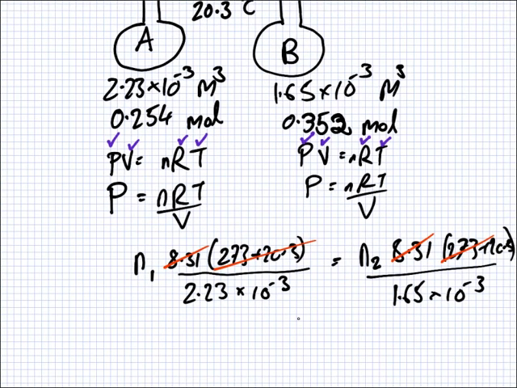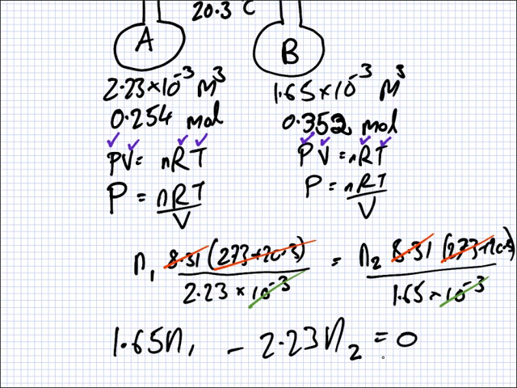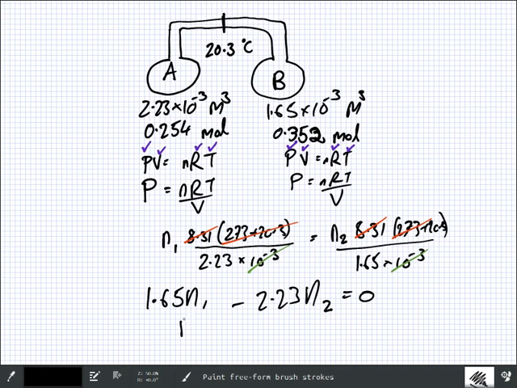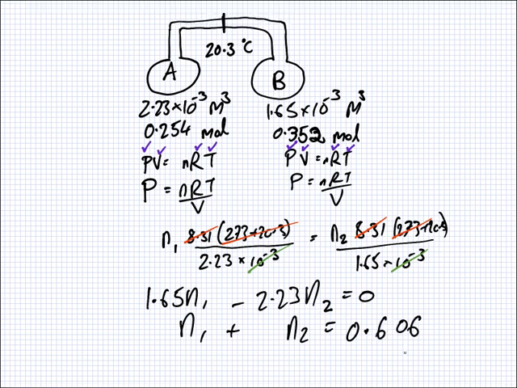So these cancel, and you can rewrite this as 1.65 N1 minus 2.23 N2 equals 0. Exactly. And also N1 plus N2 should equal 0.606, is it? Yeah.